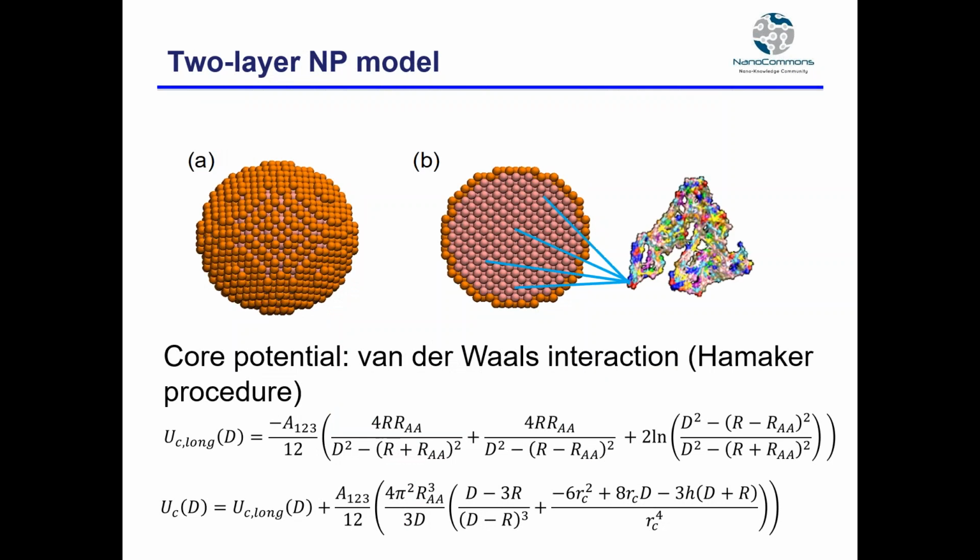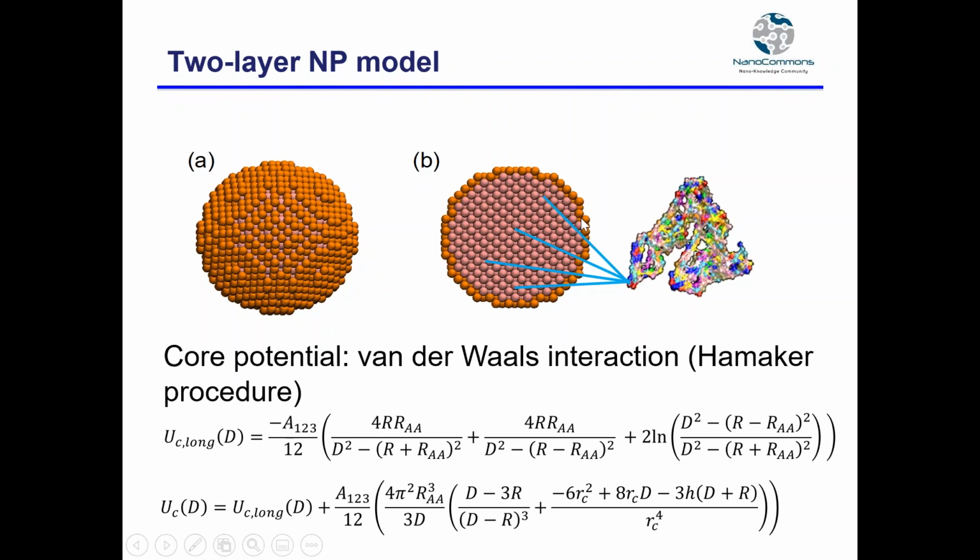Then the next step is to calculate the interaction of that coarse-grained protein with the nanoparticle. So the core potential is represented by Lifshitz theory and the Hamaker procedure, where we integrate the interaction of each bead, each amino acid inside the protein, over the core of the nanoparticle. Core is defined as everything that is not surface.